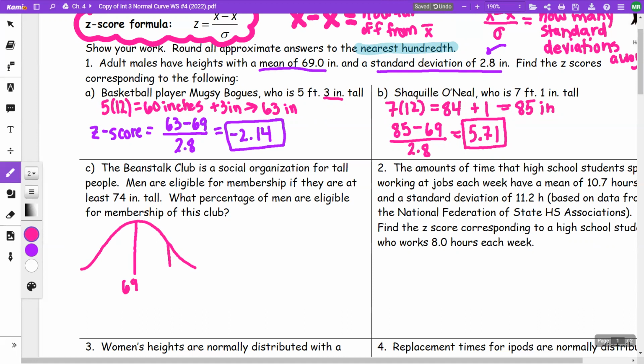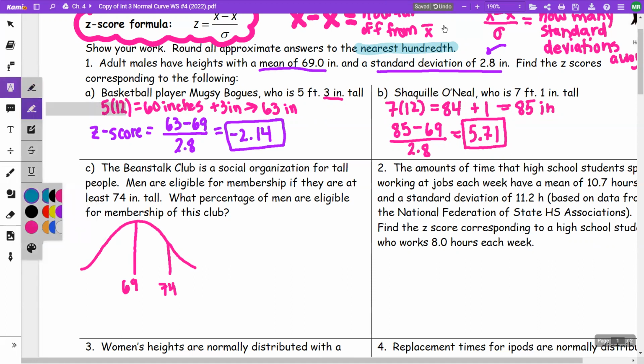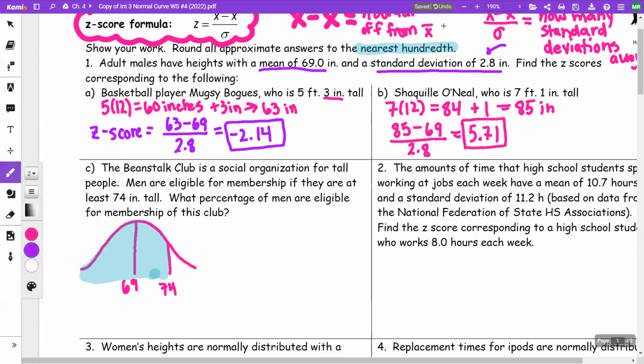They need to be 74. And so we want to figure out what percent would be eligible, and the percent that would be eligible are going to be the ones in this category.